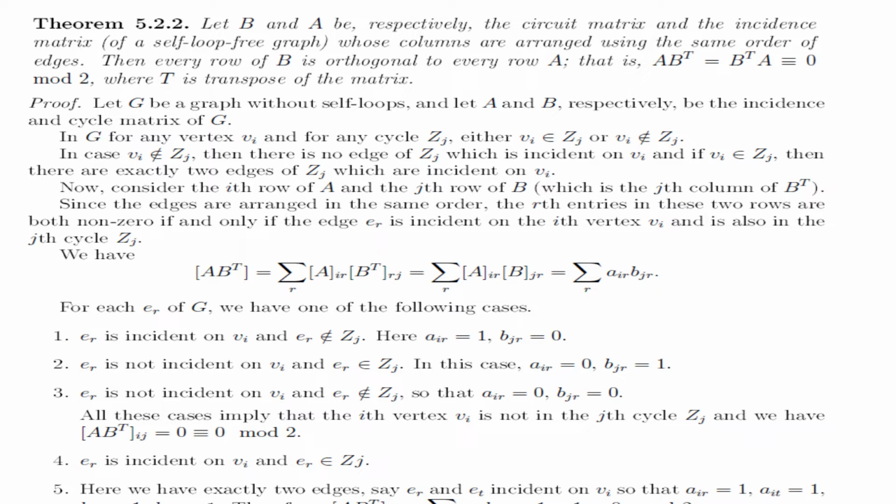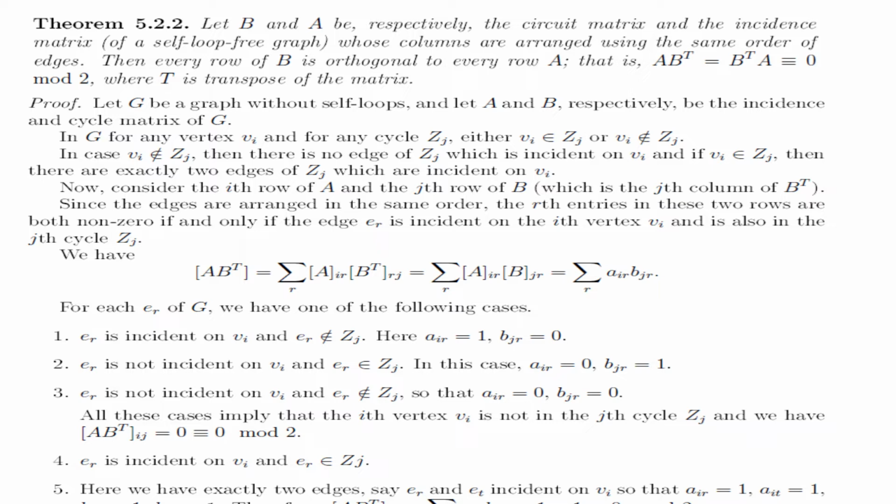Proof. Let G be a graph without self-loops and let A and B respectively be the incidence and cycle matrix of G. In G, for any vertex Vi and for any circuit Zj, either Vi belongs to Zj or Vi doesn't belong to Zj. In case Vi doesn't belong to Zj, then there is no edge of Zj which is incident on Vi, and if Vi belongs to Zj, then there are exactly two edges of Zj which are incident on Vi.